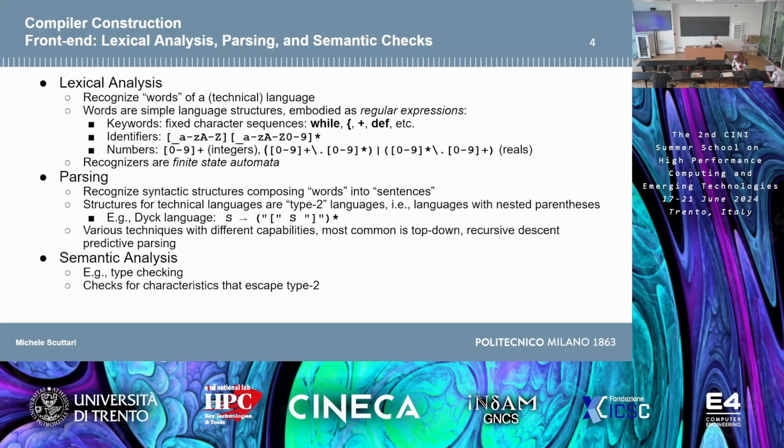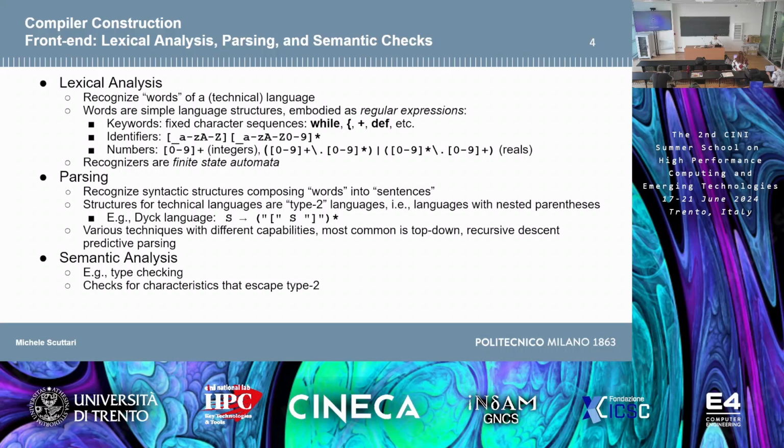Once you have the stream of words, you need to recognize the syntactic structures, so the sentences of the language, how they were produced from the grammar of the language. A grammar is a more complex language structure.